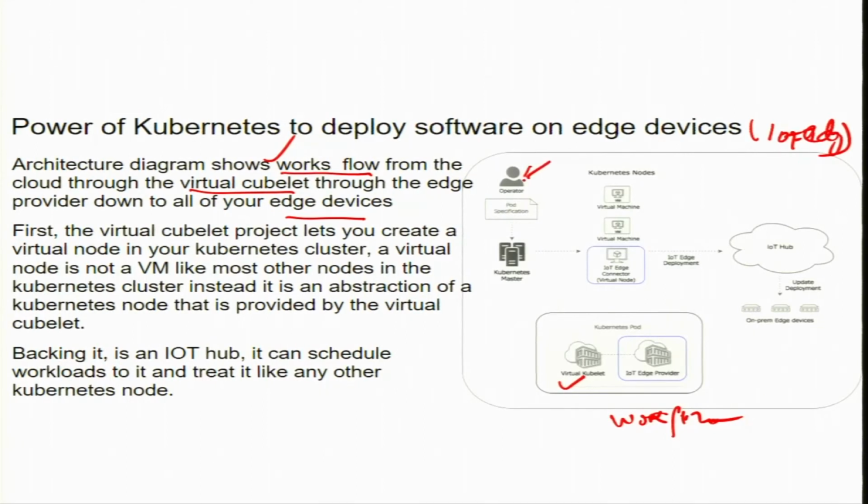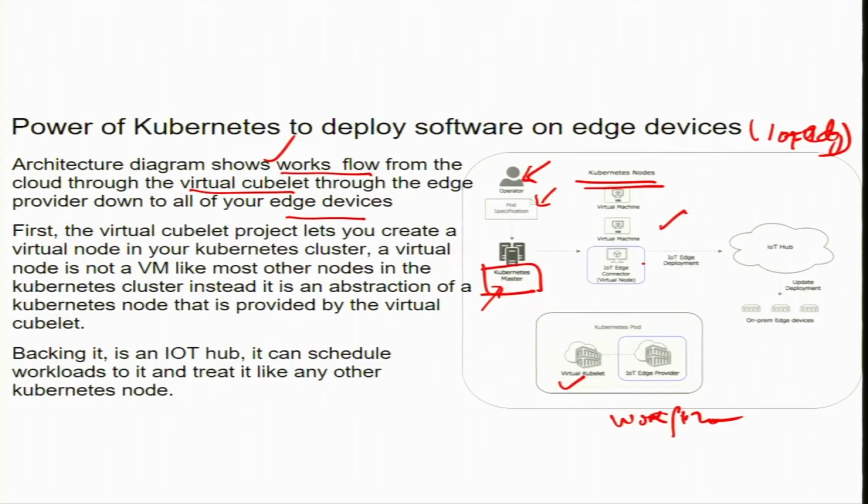Here you have to see that there is an operator, and this operator specifies the pod. This pod specification will map to the Kubernetes master, and the Kubernetes master in turn will find a virtual machine on the Kubernetes nodes. The scheduler does this kind of mapping, and then IoT Edge is called a virtual node.